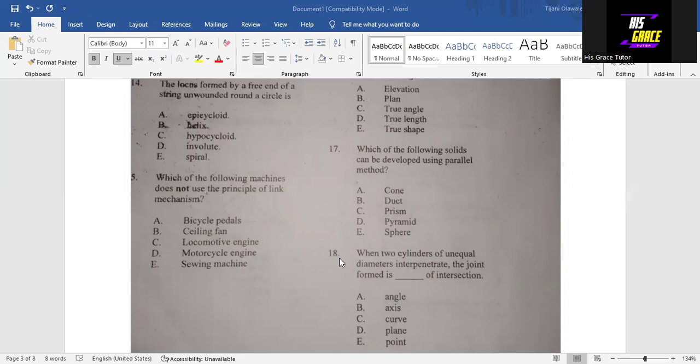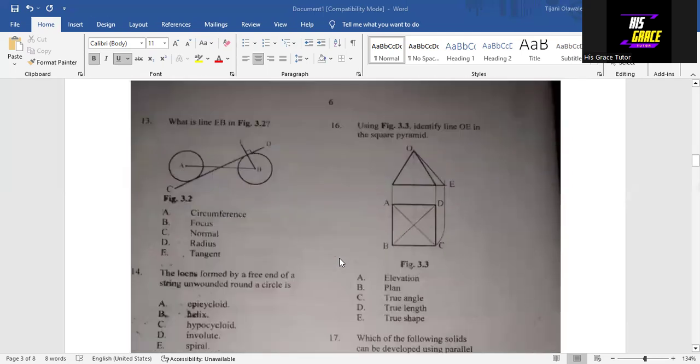Then move to question 16. Using figure 3.3, identify OE in the square pyramid. The answer to this question is option D, true length. So OE is the true length of the pyramid based on how the pyramid is positioned.